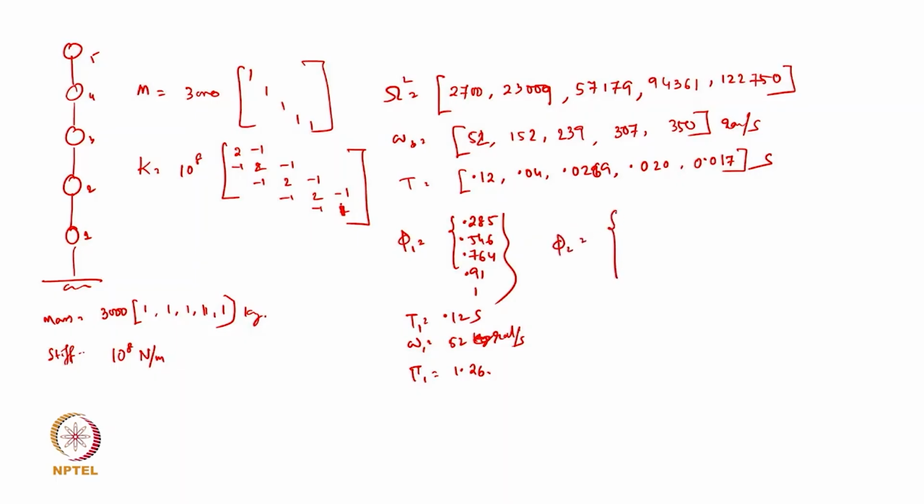Phi 2 is 0.764, 1, 0.545, minus 0.285 and minus 0.918. That is my second mode. Second mode time period is 0.04 second, frequency is 152 rad per sec, and gamma 2 will be 0.39.